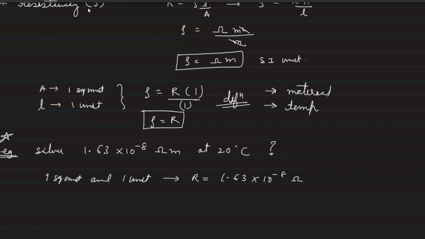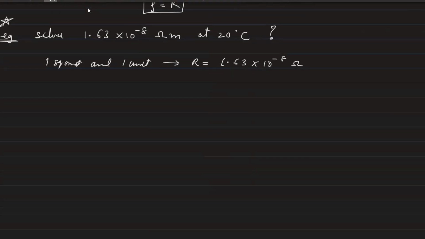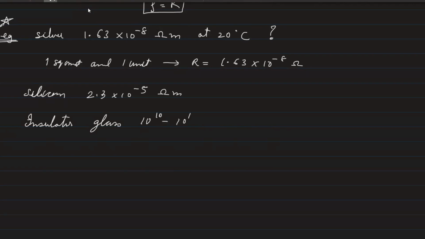To give you a slight idea, silver I have written. I'll take an example of a semiconductor: whenever you talk about semiconductors, you talk about silicon. Silicon has a resistivity of 2.3 into 10 to the power minus 5 ohm meter. So you can see that silicon has a resistivity almost 1,000 times that of a metal. Whereas for an insulator, we'll take an example like glass. Glass has a resistivity of the order of 10 to the power 10 to 10 to the power 14.